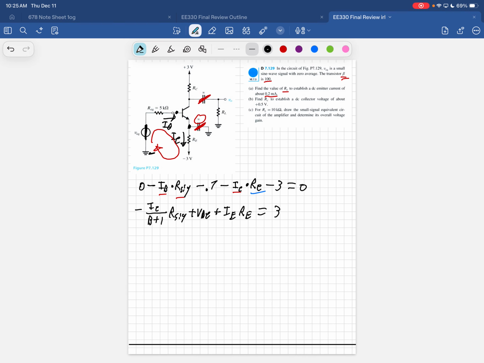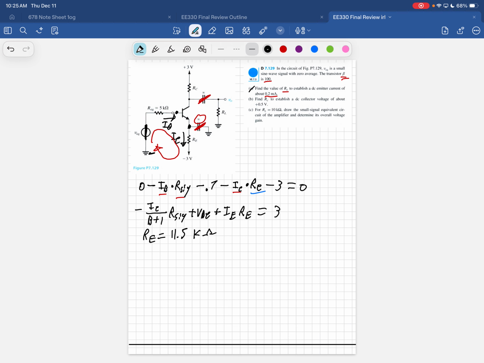Solving that a little bit further just gives you RE equals 11.5 kilo ohms once you plug everything in. And then you're done with step A.